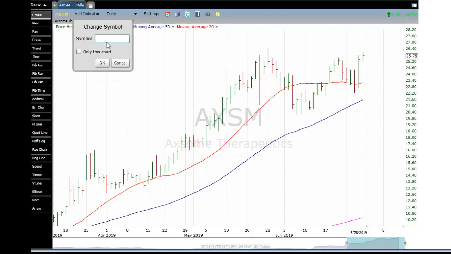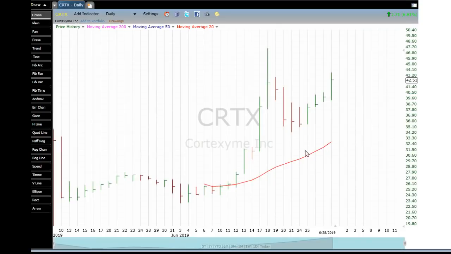Another one that we took long last week that we closed out on Friday is CRTX. And here is a classic example of a plus one. The 3-day chart is up and strongly so.